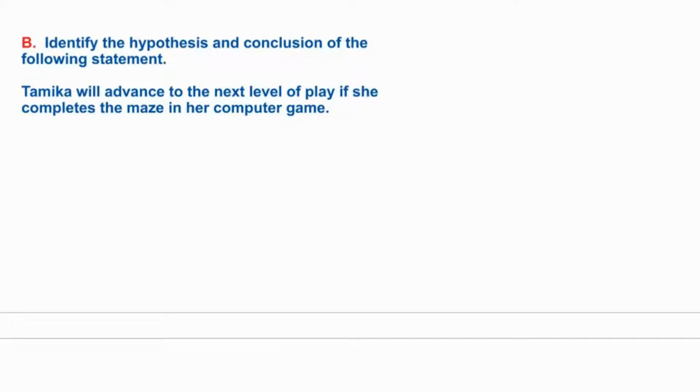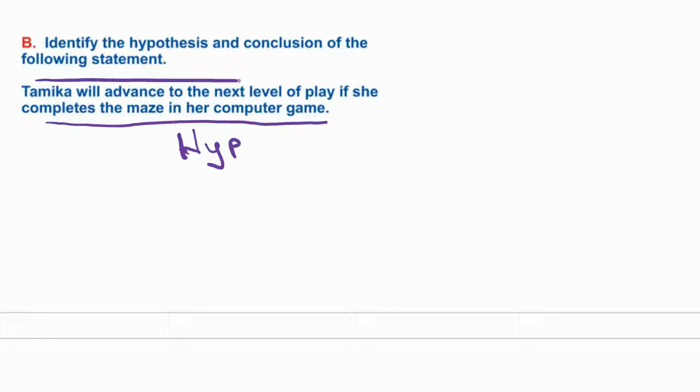Tamika will advance to the next level of play if she completes the maze in her computer game. The hypothesis is completes the maze in her computer game. That's what follows the word if. The conclusion is will advance to the next level of play.